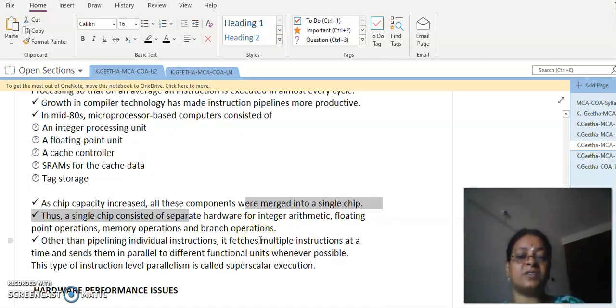When the infrastructure is able to support fetching of multiple instructions, then parallelism can be extended. In general practice, only a single instruction will be fetched. After fetching, it will be decoded, then executed, and then we store the result back. If we are able to fetch multiple instructions at the same time, then the performance can still be improved. And this particular concept demands separate hardware support.